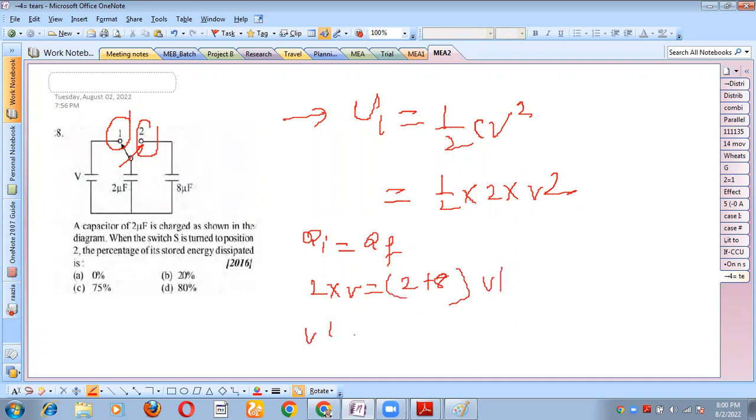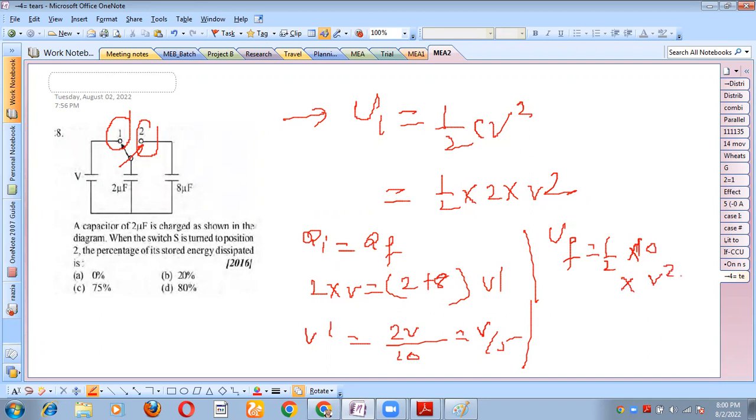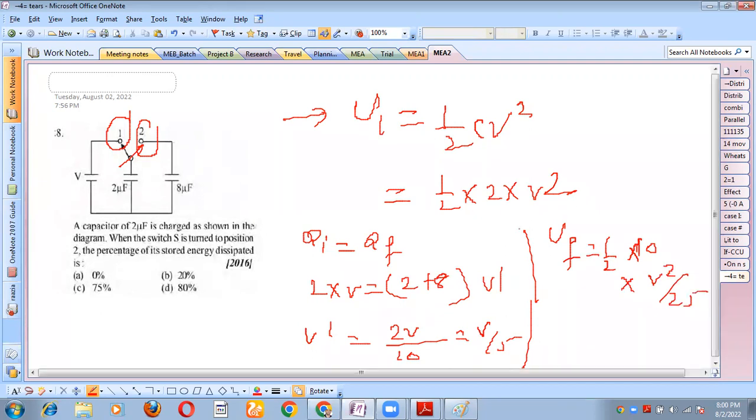So from here we will get the common potential V dash equal to V upon 10, right? So it will be V upon 5. So their potential becomes V upon 5. Now the final energy U final will be half, total capacitance is 10 microfarad, and potential squared is V square by 25.